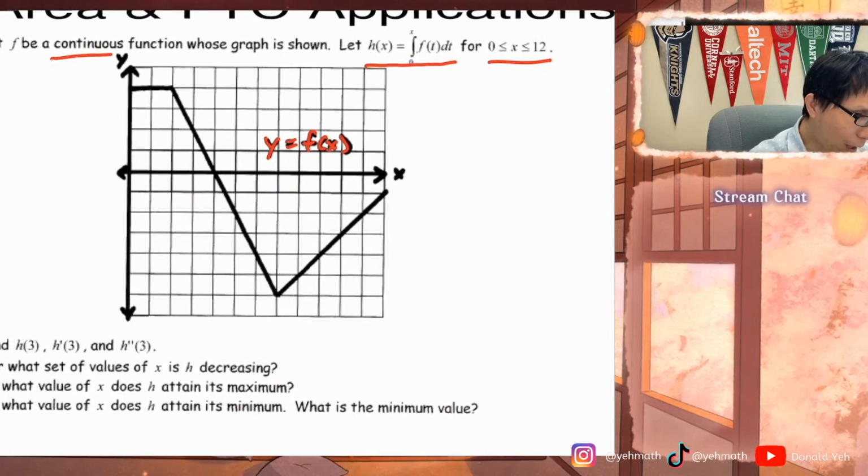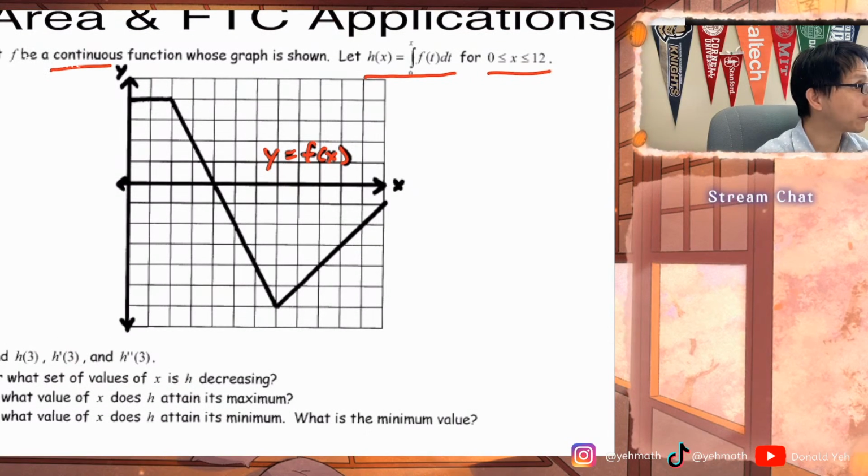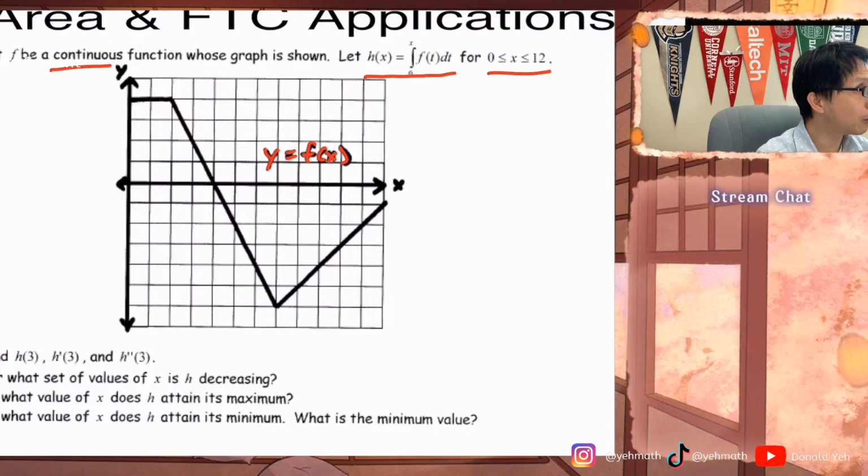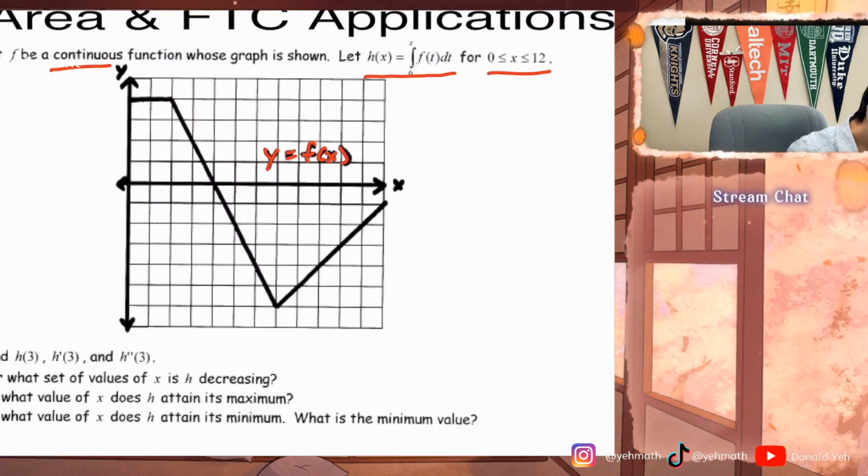Now, before I do that, what do they want? Let's look at part A. They want to find h of 3. So what do you think h of 3 represents? What do you guys think?